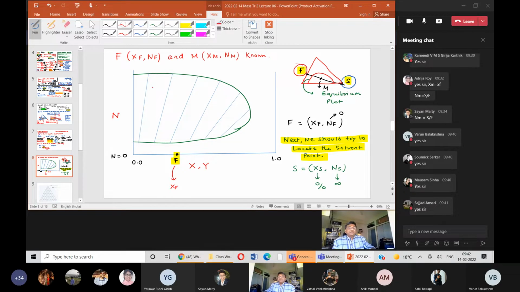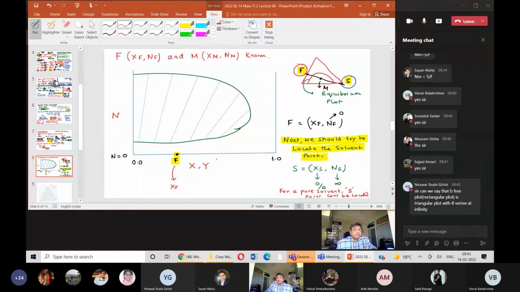For a pure solvent, you will feel so satisfied after this concept becomes clear to you. Is this clear?